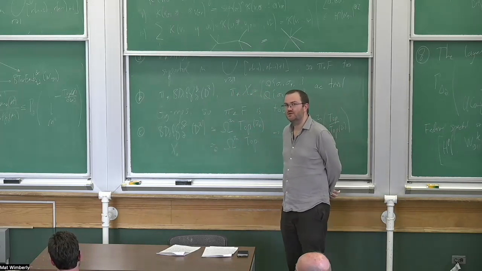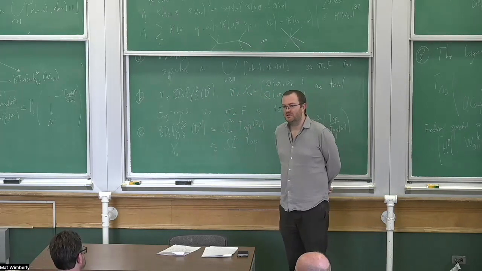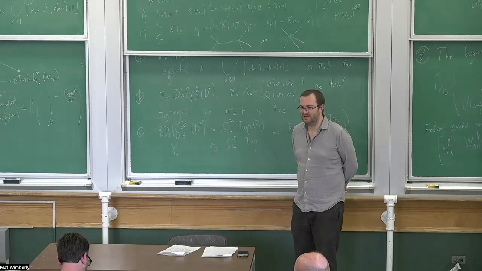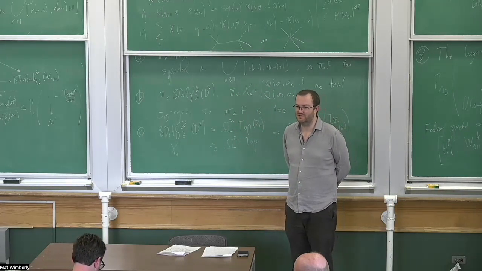So you said the Koszulness is proved topologically instead of algebraically? That's how we do it. I mean, there's also this other paper that appeared about the same time.